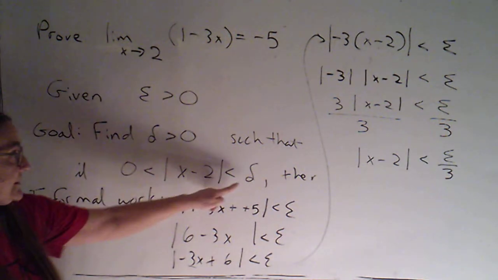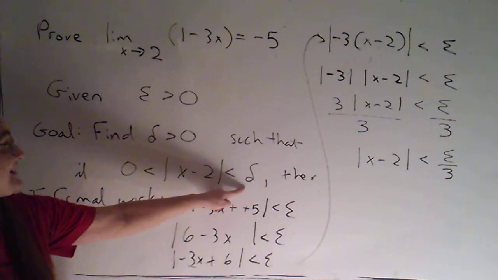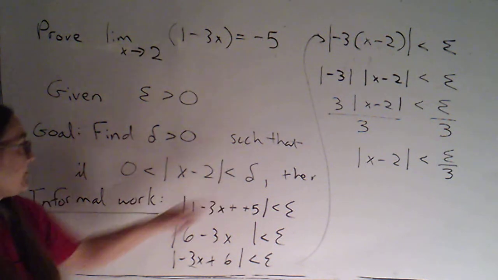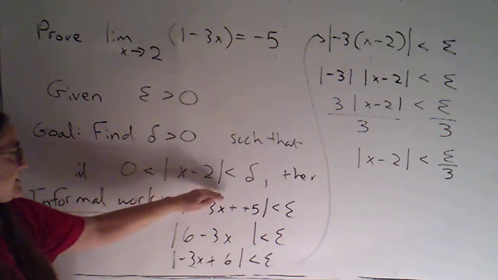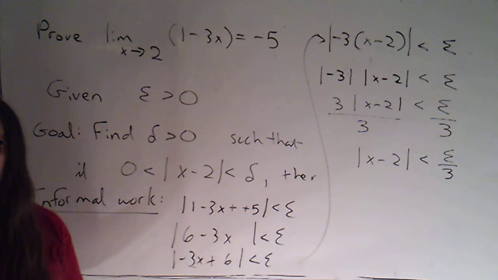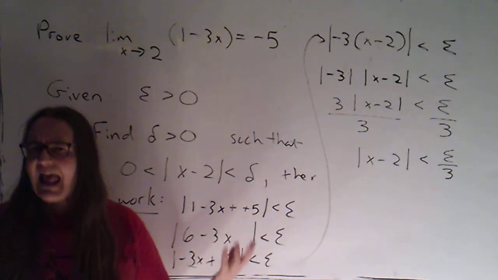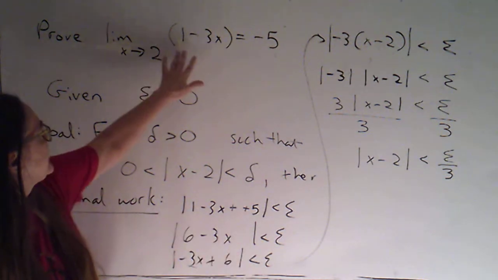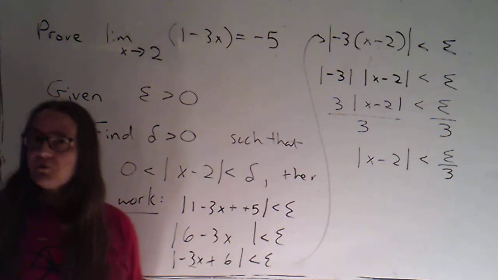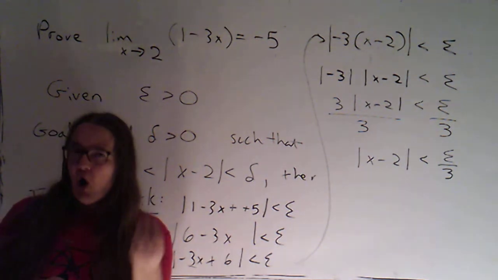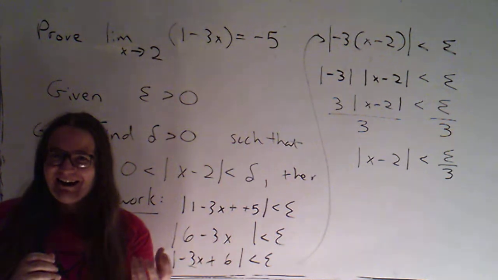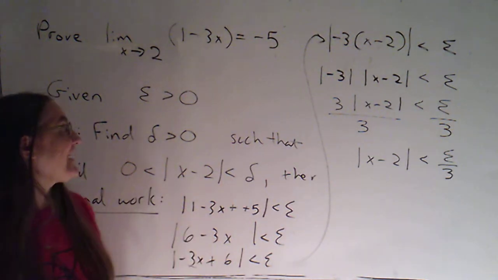Now, it looks like that's what I want my delta to be. Remember, the first part of the inequality just tells us that x isn't 2, and that's because I don't care what happens at 2. In this particular problem, it wouldn't be a problem if x was 2, but if I had a line with a hole in it instead of just a line, then I might need to specify that.